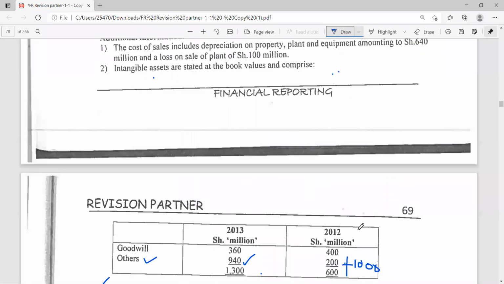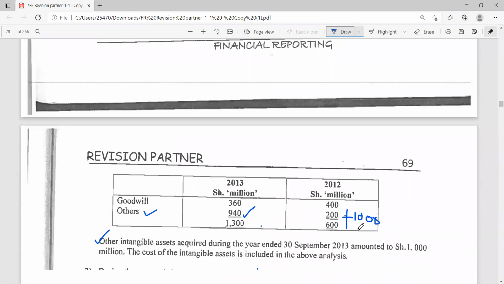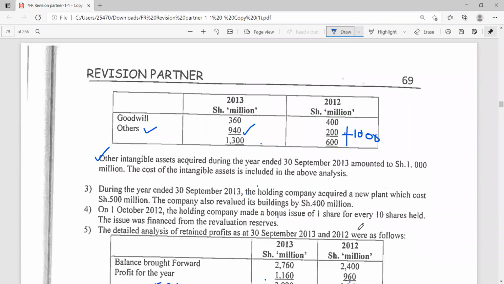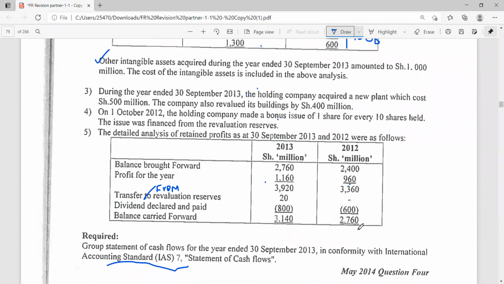That one will increase your ordinary shares. So we need to consider how it was done. In which proportion did they make a bonus issue? On 1st October 2012, the holding company made a bonus of 1 share for every 10 held. So for every 10 held, you were given 1 for free.